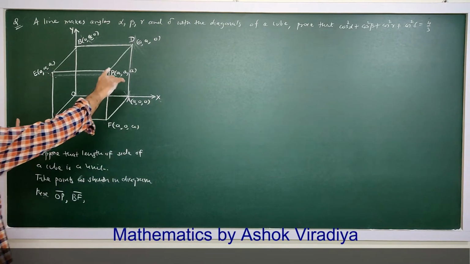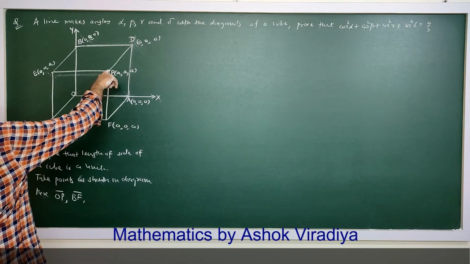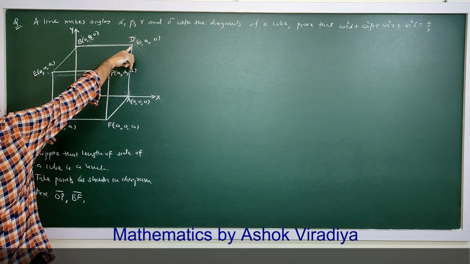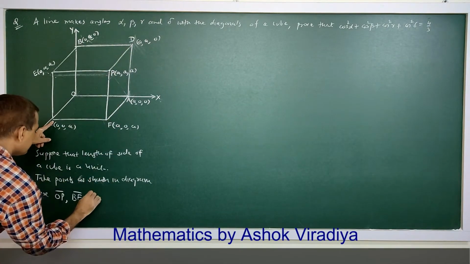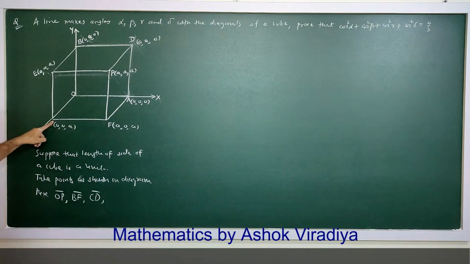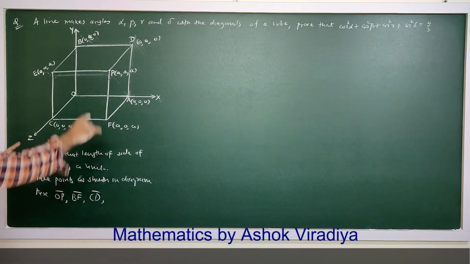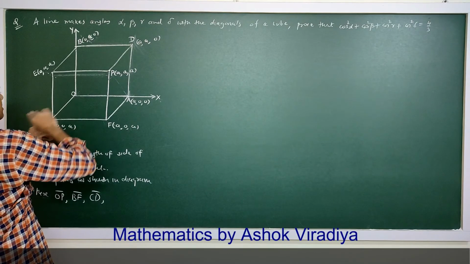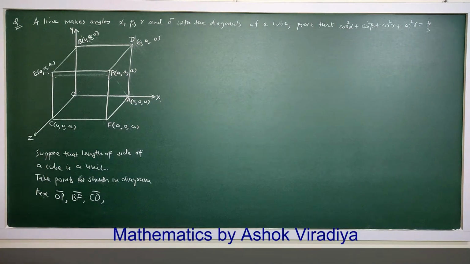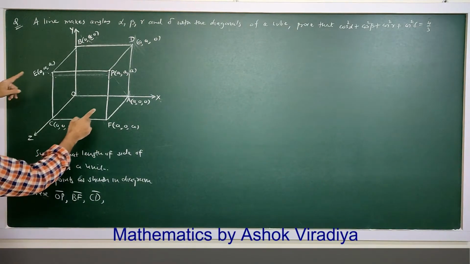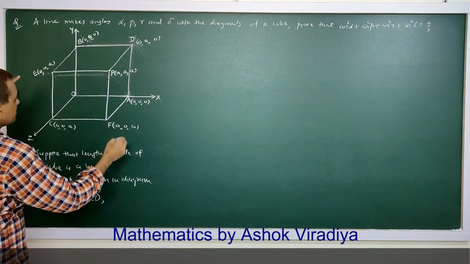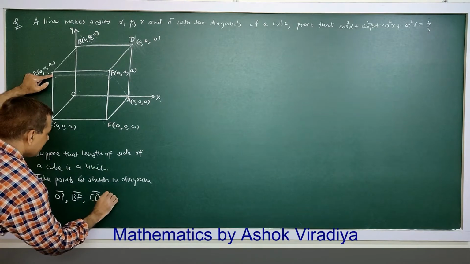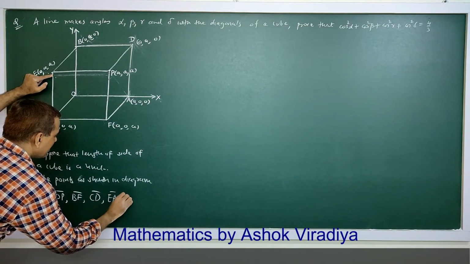Now opposite to D, the point is C. CD. Then one more is left, EA or AE. Opposite to A, this point is E. So EA or AE are diagonals.